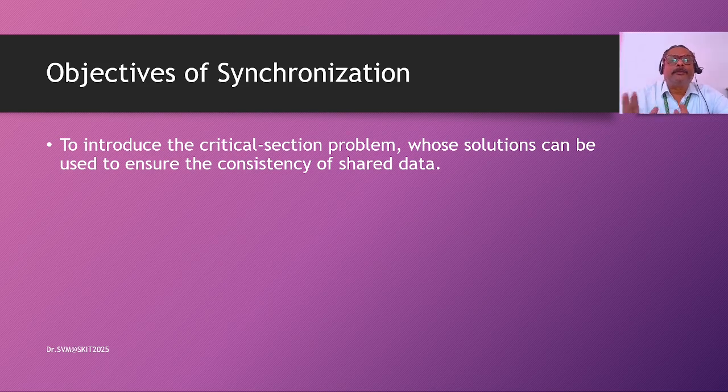Because if more than one process tries to work with these shared resources, they may create inconsistency. So we want to be very careful while working with such a part of the code. Therefore we highlight it as a section which we call the critical section.